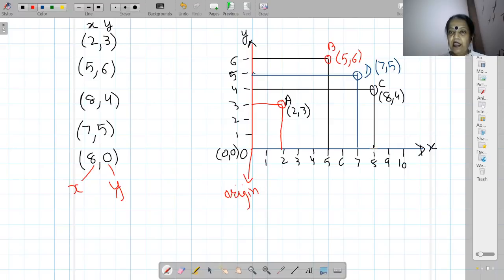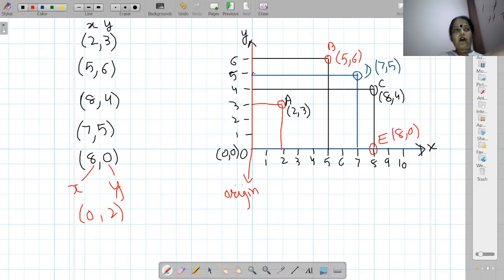So you will take this as a coordinate point. So it will be 8 and 0. If I say you have to plot 0 and 2.